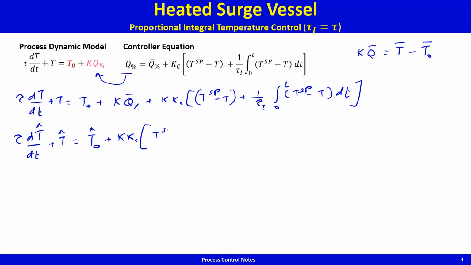So you will have T set point subtract T bar minus, add, sorry, for addition you'll have to have a sign minus here, minus T bar plus 1 by tau I into integral of add and subtract.